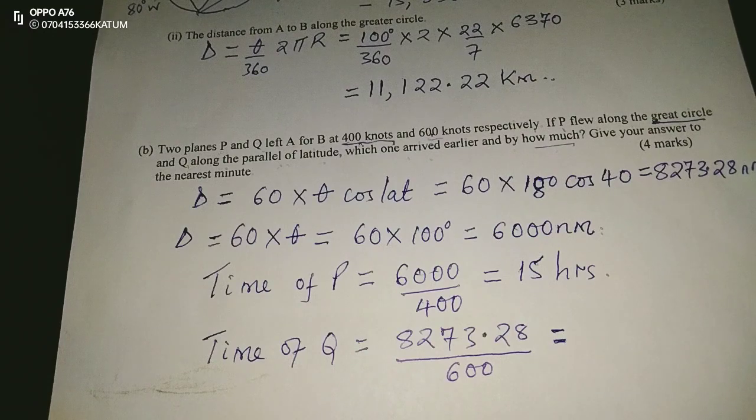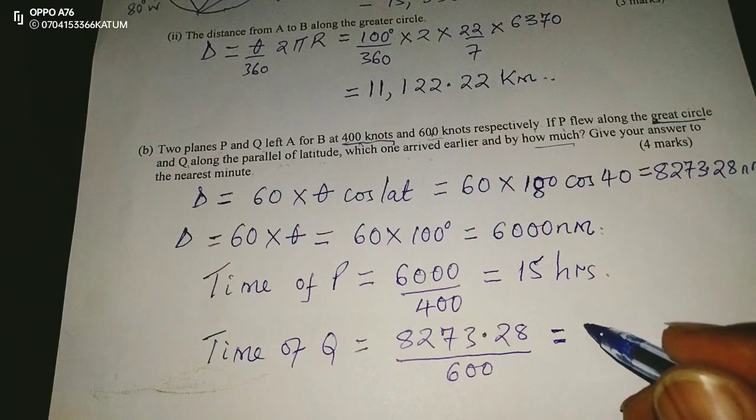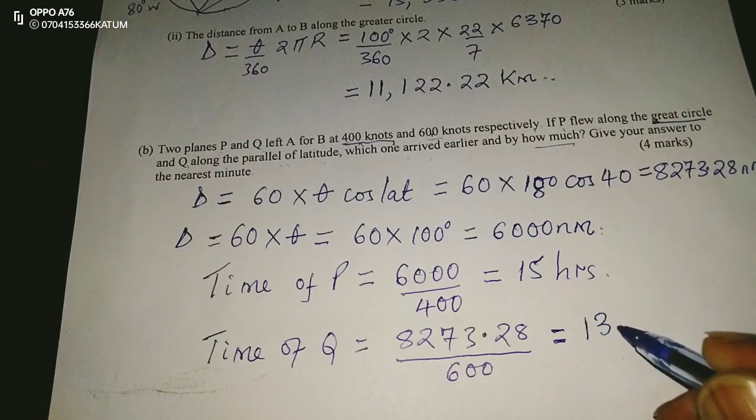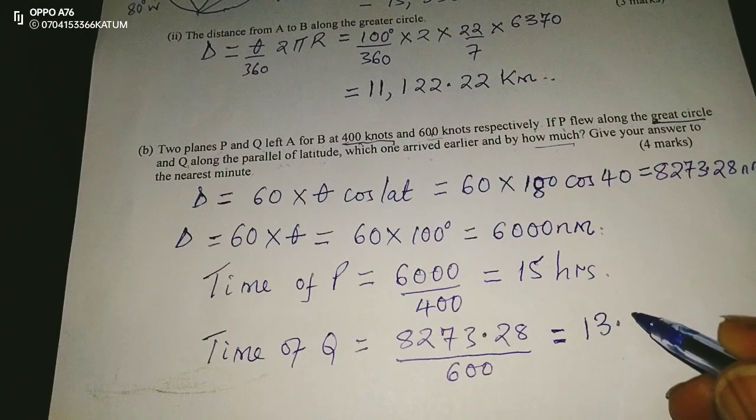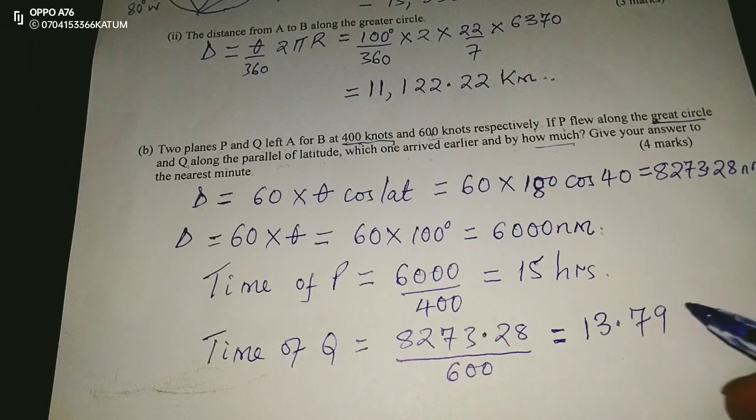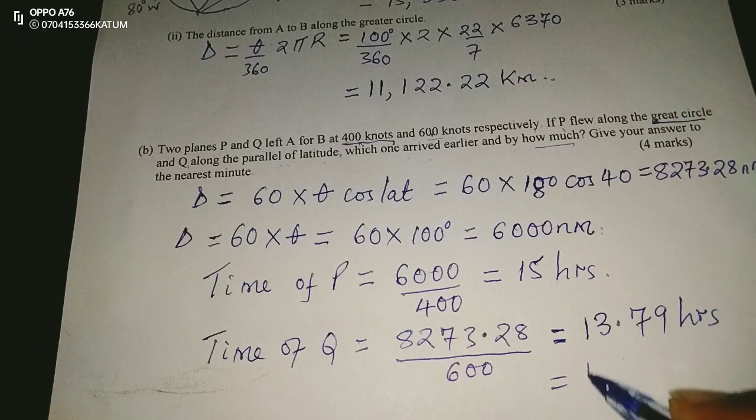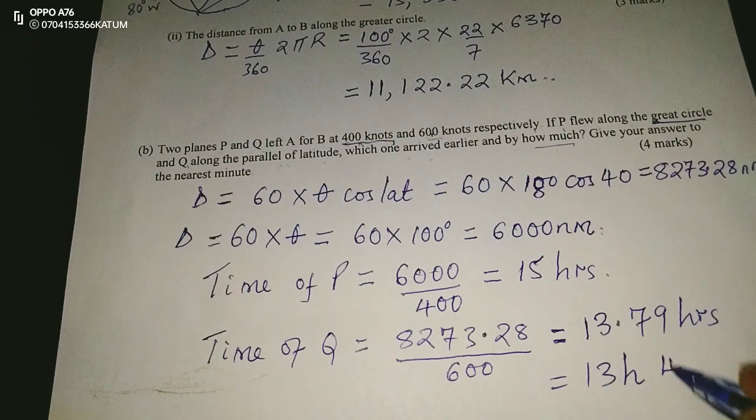Therefore, we're going to have 8273.28 divided by 600. This is going to give us 13.79 hours, that is 13 hours. Then we convert the decimal part into minutes, and we get 47 minutes.